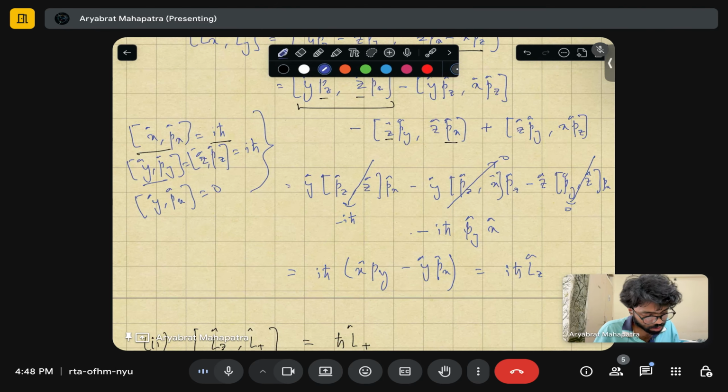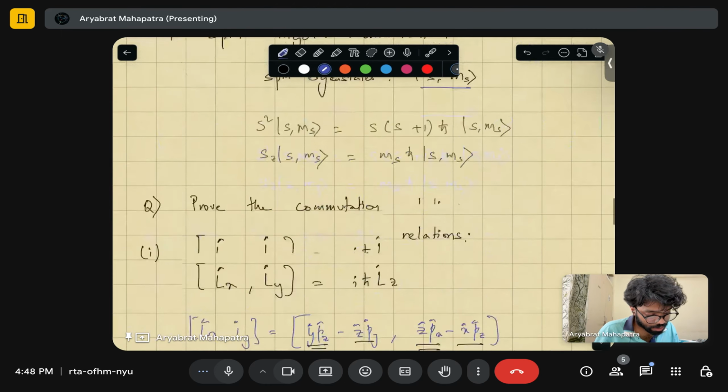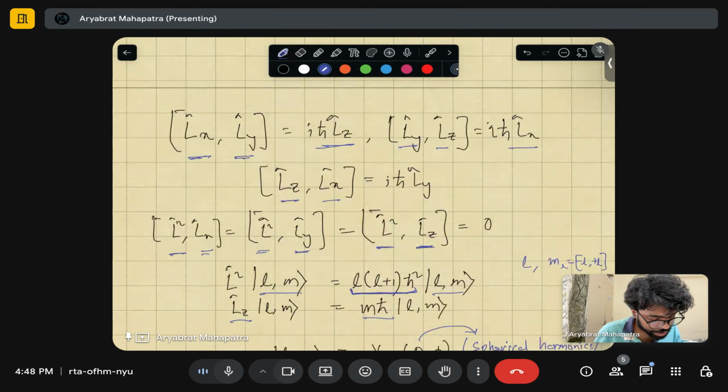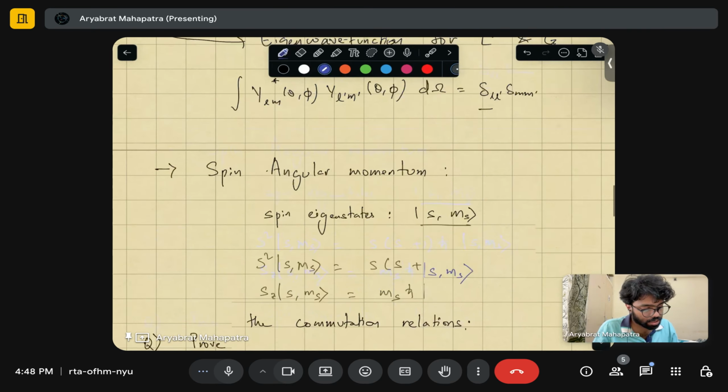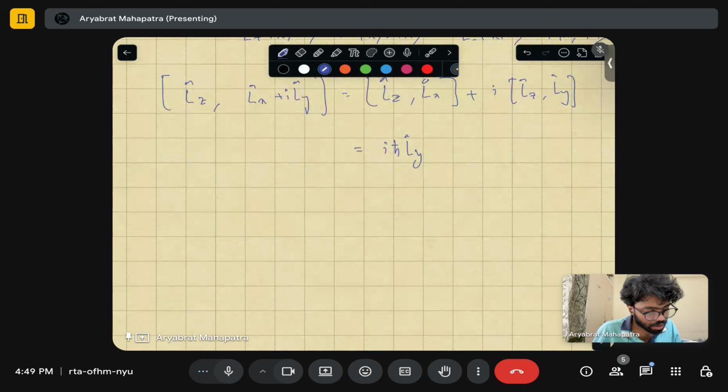Taking that, you have I h bar LY plus I times LZ LY, which similarly will give you minus I h bar LX.